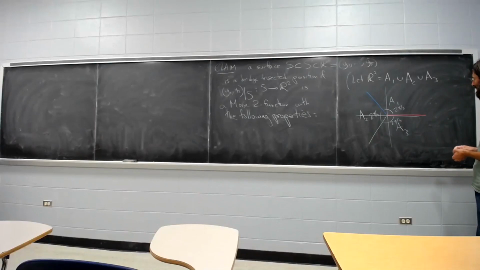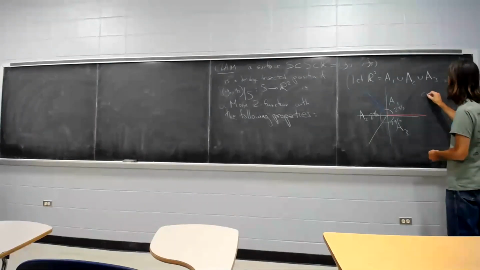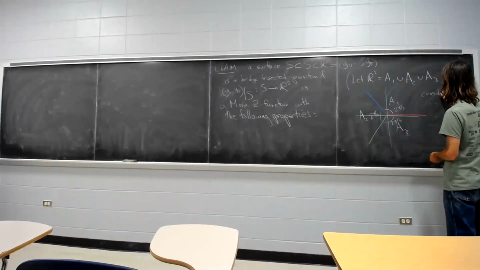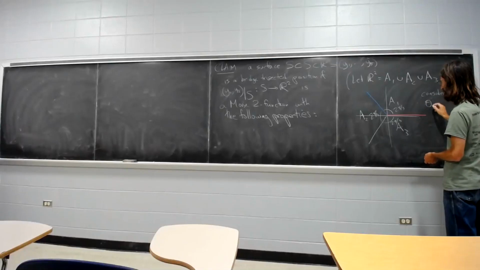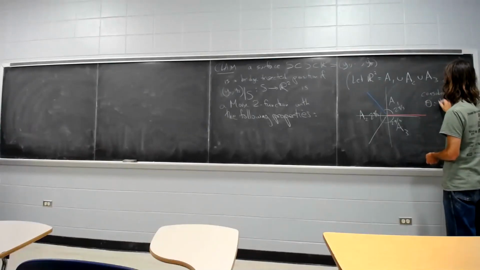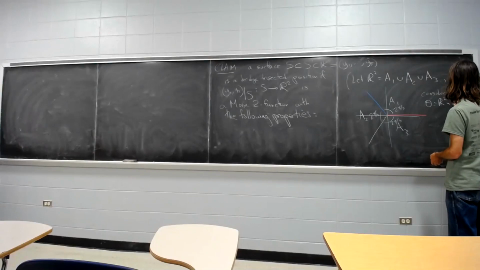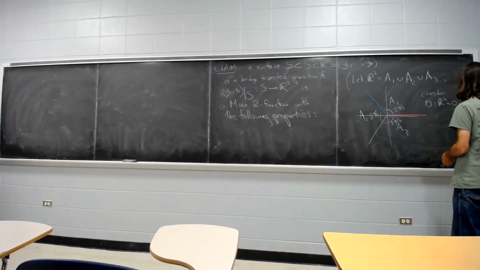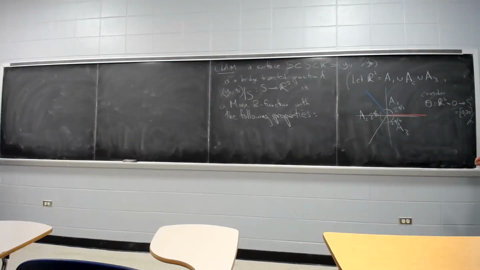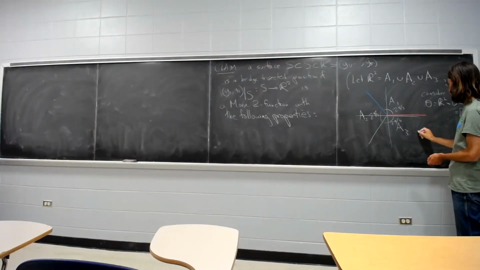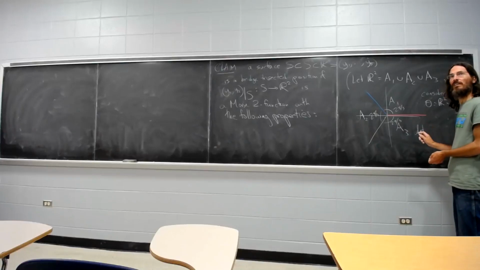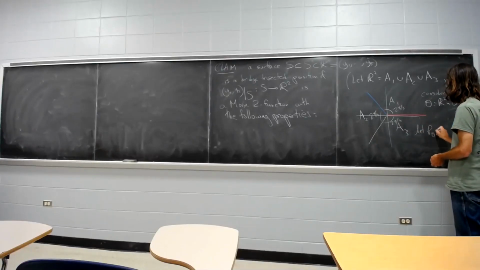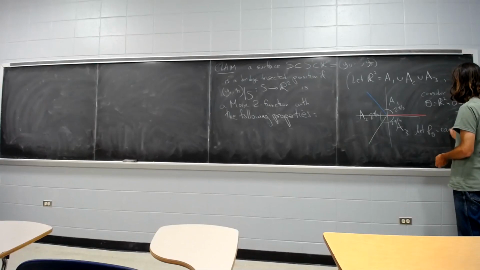And I also want to consider the theta function, the angular function from, technically, R2 minus the origin to the circle, which I put as 0 to π mod equivalence relation. I'll let R theta be the ray that makes that angle theta.